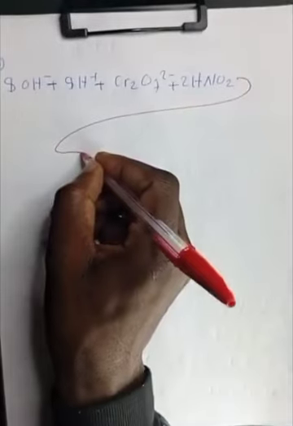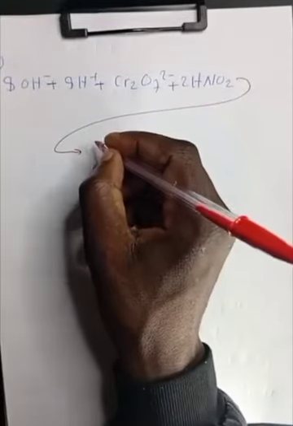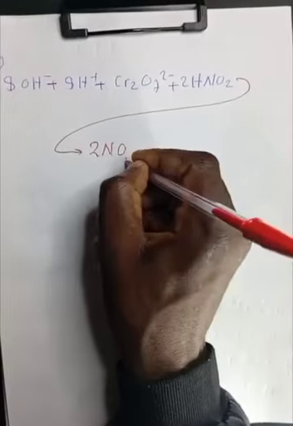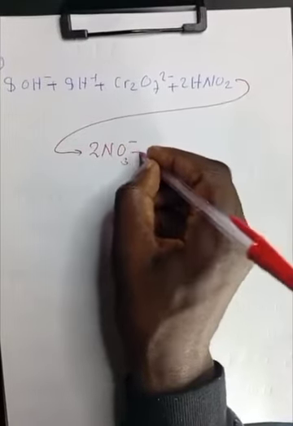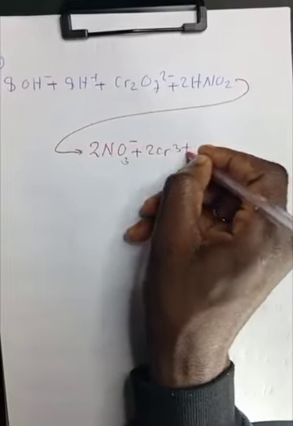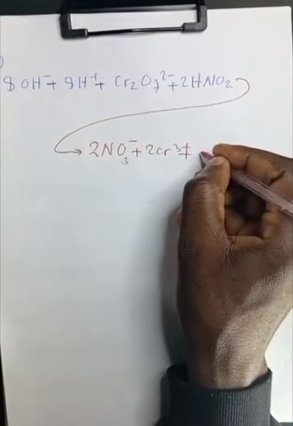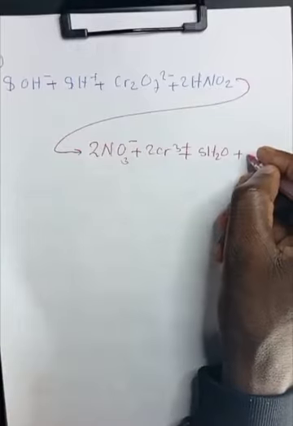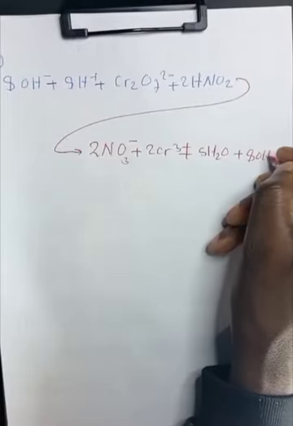So because of space, we are going to do this. Then plus 2NO3 minus, then plus 2 Cr3 plus, plus 5 H2O, then plus 8 hydroxide ion.